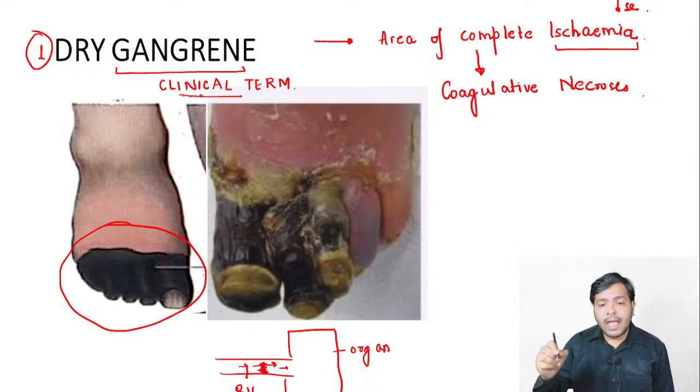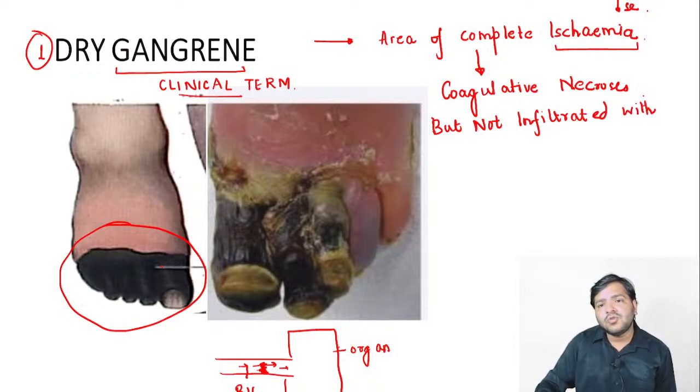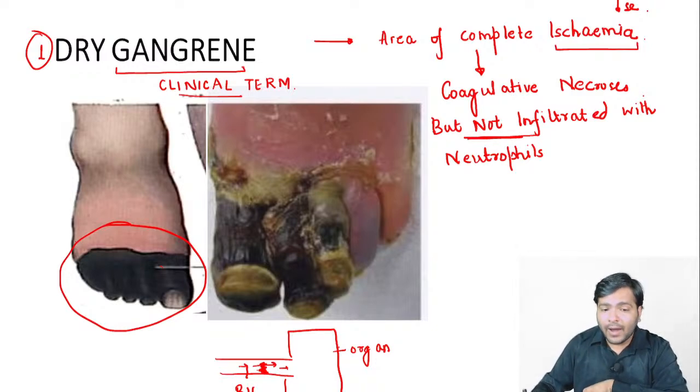Along with that, remember, guys, that this particular organ will not be infiltrated with neutrophils. Why? Because of obstruction of blood supply.